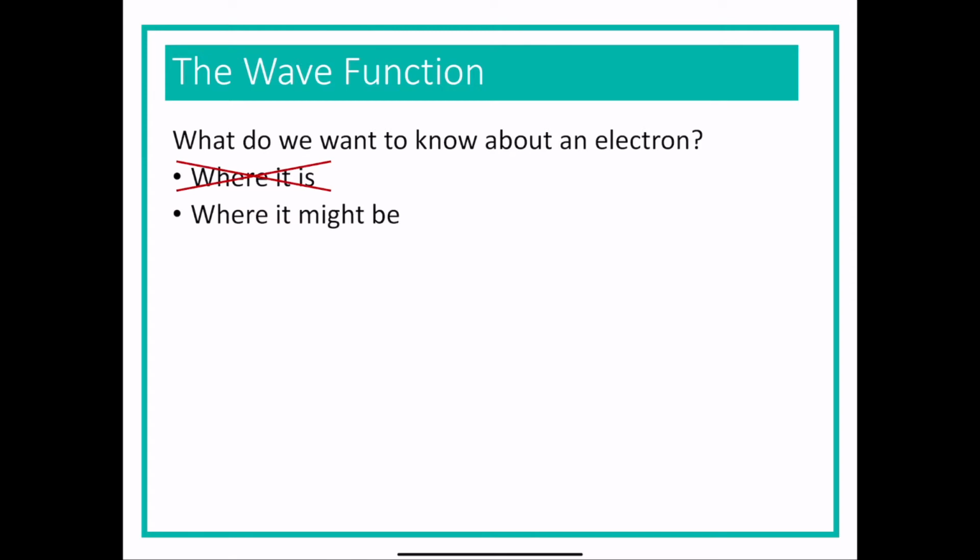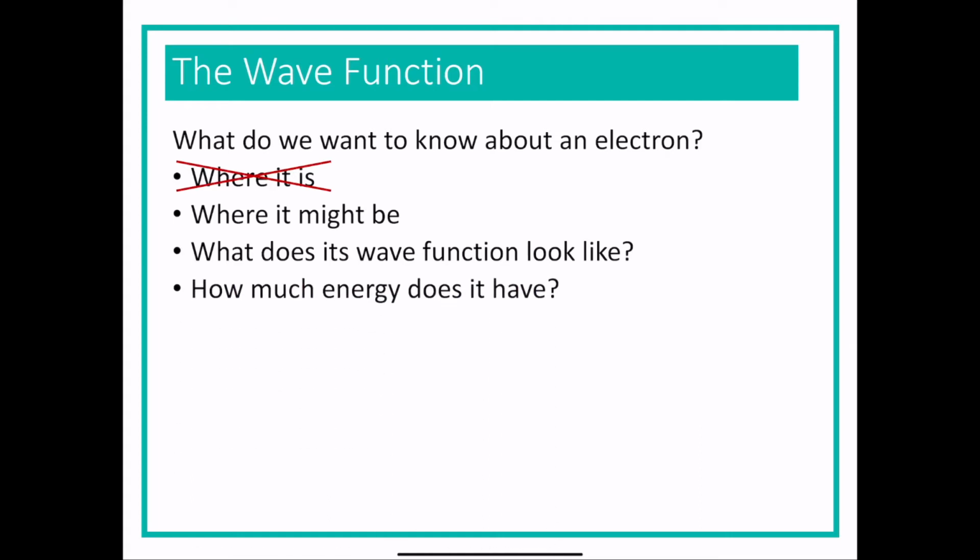So any individual electron, we can't ever tell where it exactly is, but we can theorize about where it might be. The other thing we would like to know is what does its wave function look like? And you can come up with all kinds of things that it might look like, and we're only going to come up with kind of one. And then how much energy does it have?